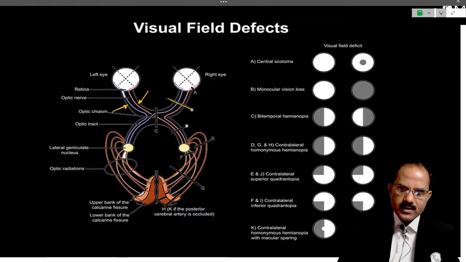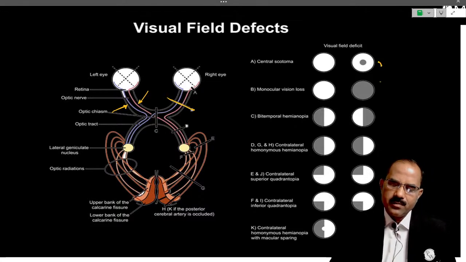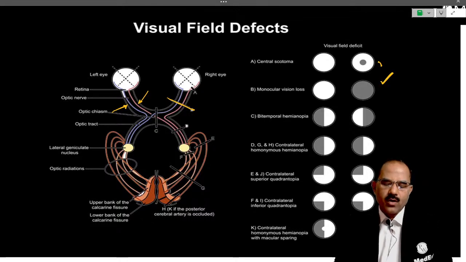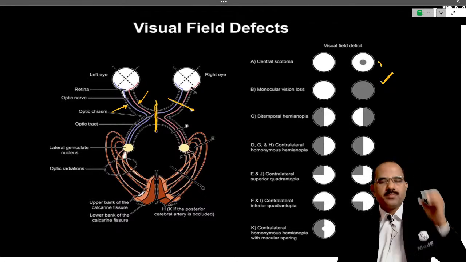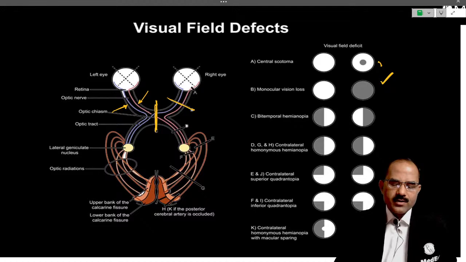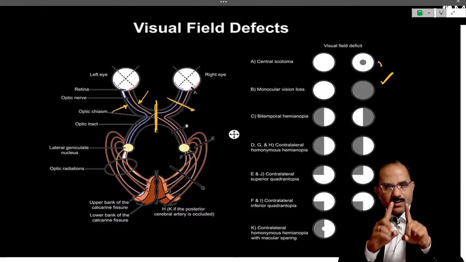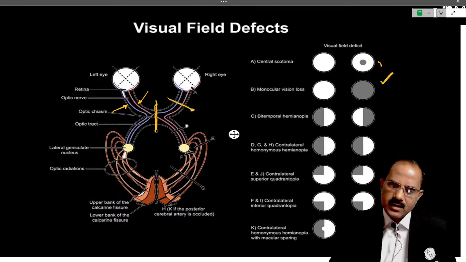If the optic nerve is damaged, there's going to be complete blindness in that eye. What is this? This is damage to the optic chiasma because of pituitary tumors. The optic chiasma gets compressed. The nasal fibers are affected, so the temporal field of vision is gone. So this is a bitemporal hemianopia.